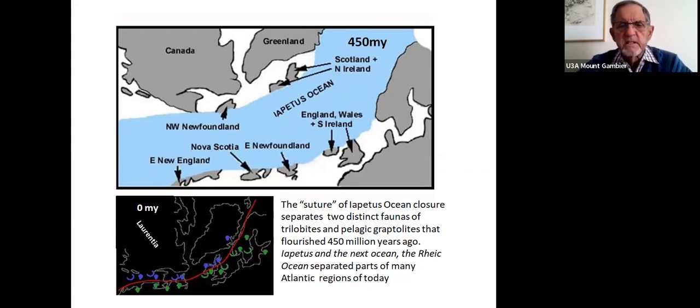For 40 or 50 years, they had no idea why these faunas were so displaced, as they were joined together along a suture that runs along Hadrian's Wall and through the centre of Ireland, actually. So the suture is the stitching up of that ocean, the Iapetus Ocean, the very first one that existed 450 million years ago. The suture separates those two distinct faunas of trilobites.